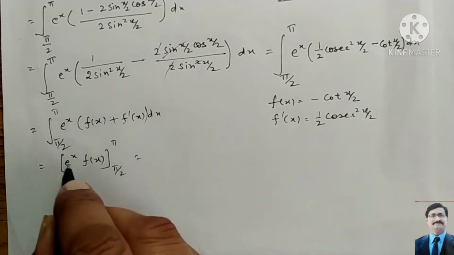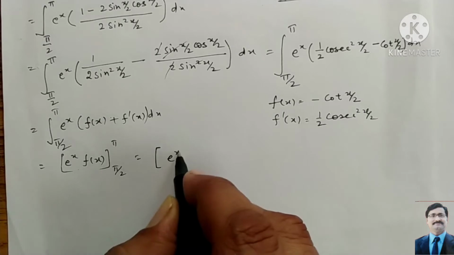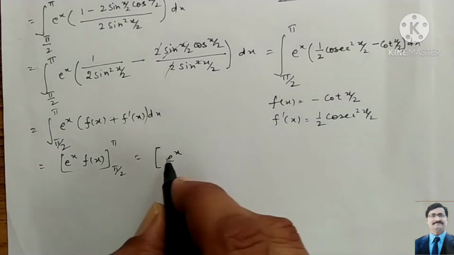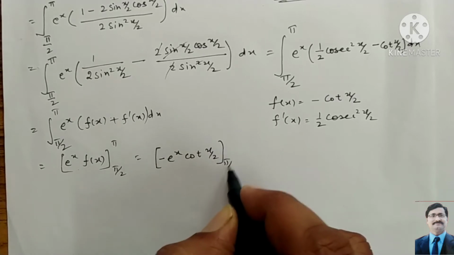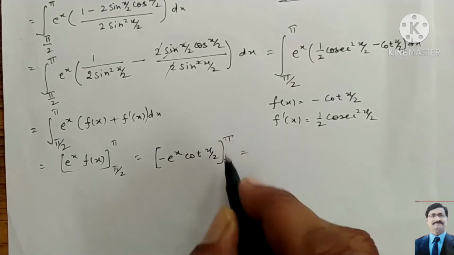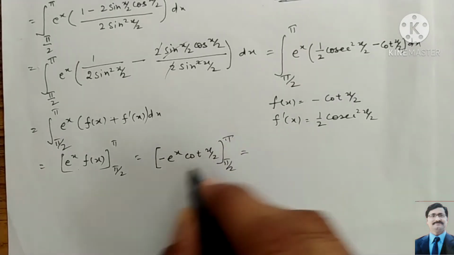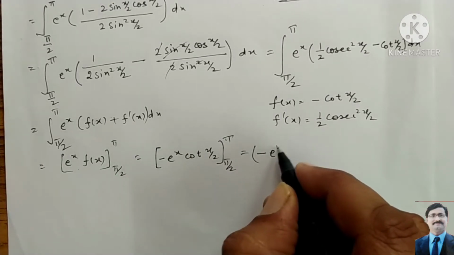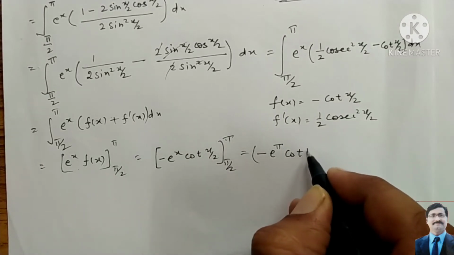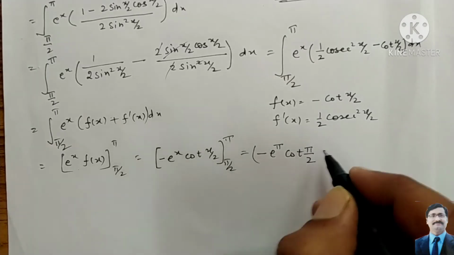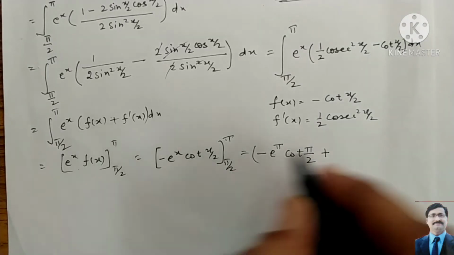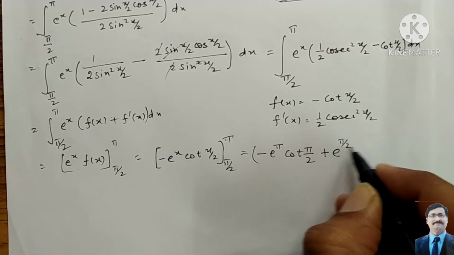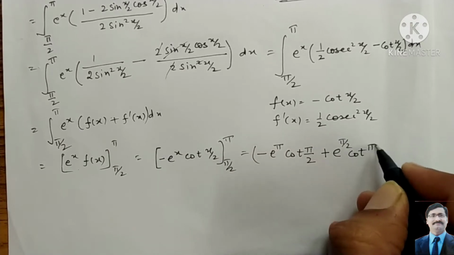Look here, we can write e power x, and fx is minus cot x by 2, from pi by 2 to pi. Now in place of x we put pi, so we get minus e power pi cot pi by 2, and minus minus plus, then we have e power pi by 2 and cot pi by 4.